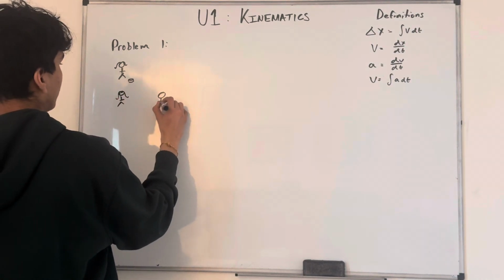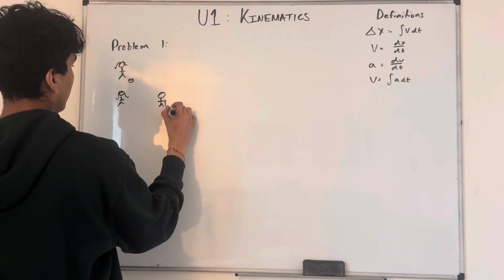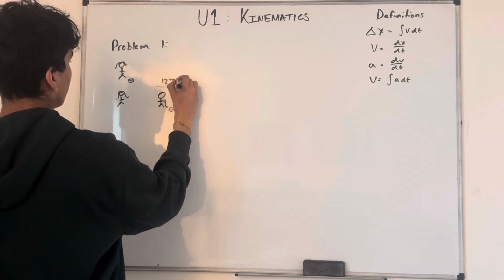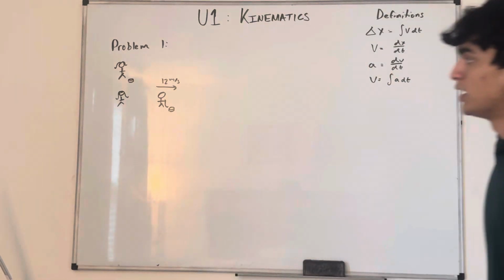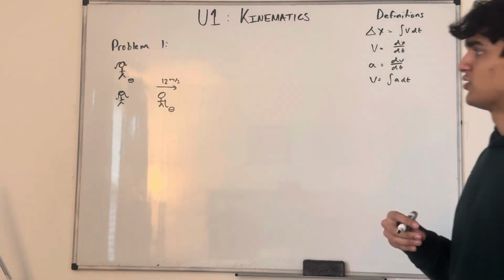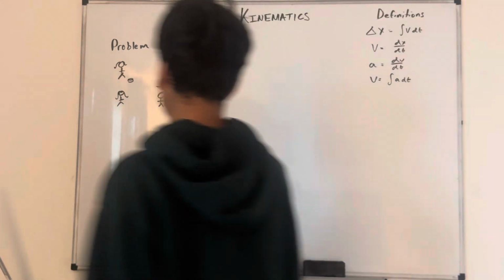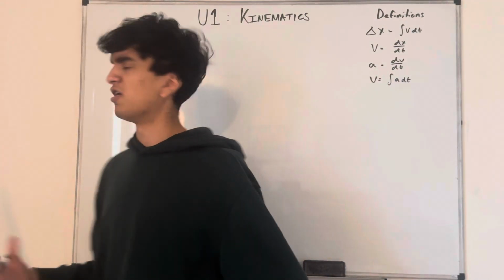So there's this guy, he has the hockey puck, and he's moving at a speed of 12 meters per second, right? Let's say after 3 seconds, she realizes this, and she has to chase him.